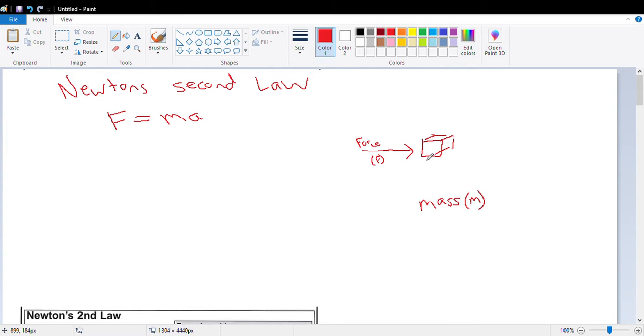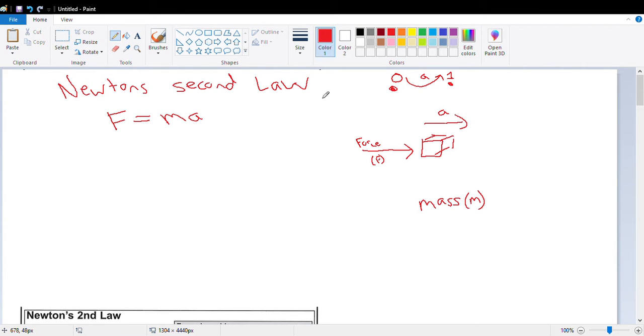And if that block moves, it must be accelerating, because at this time right here, the block is not moving, and at some point in the future, it is moving. So there must be an acceleration, because the block has gone from a speed of 0 to a speed of 1. So the block has accelerated.